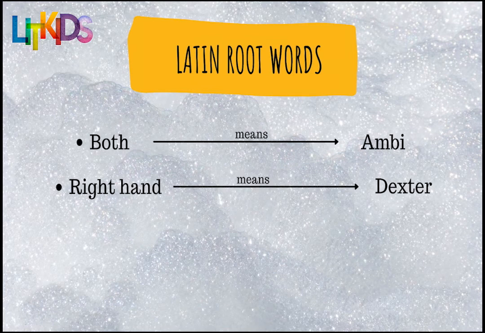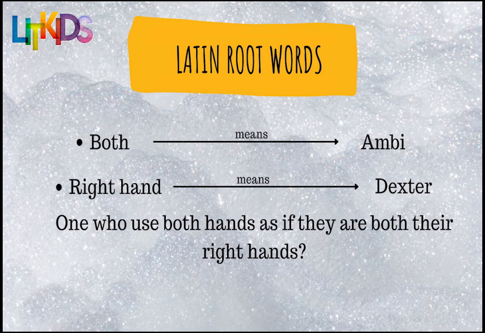Okay, so let's say you know that the word for both is ambi, and the word for right hand in Latin is dexter. What do we call it when somebody can use both hands as if they are both their right hands?